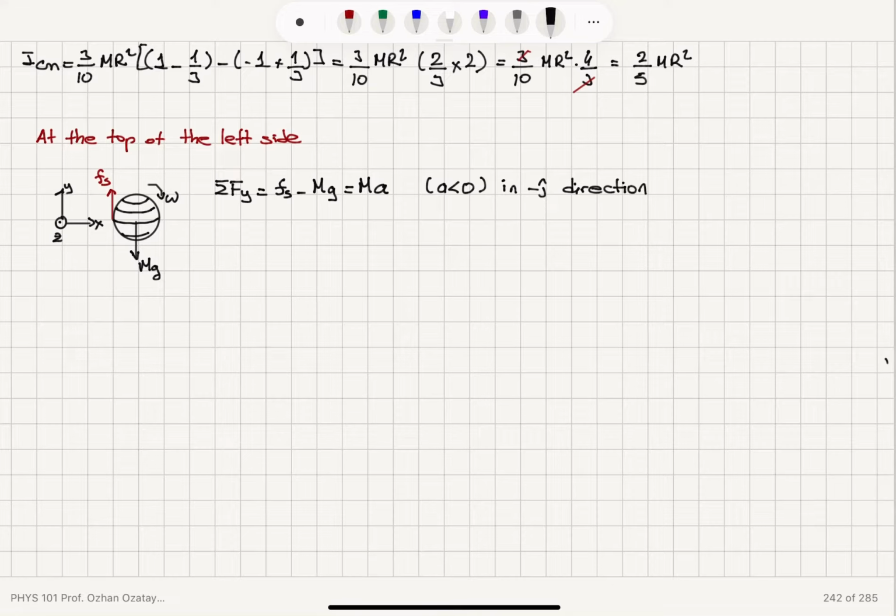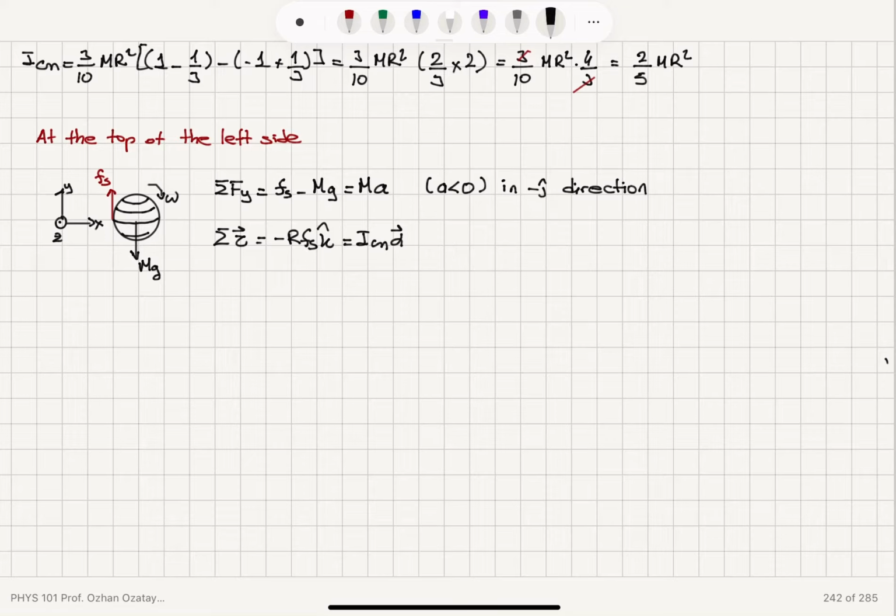So if I look at the net torque acting on this marble, it's going to be r cross F, so it's going to be minus r Fs in the k hat direction. So you can see that if your fingers point towards the application point, and curl them towards Fs, you will see the thumb points into the page. So that's going to be equal to I center of mass times alpha, Newton's second law, rotational form.